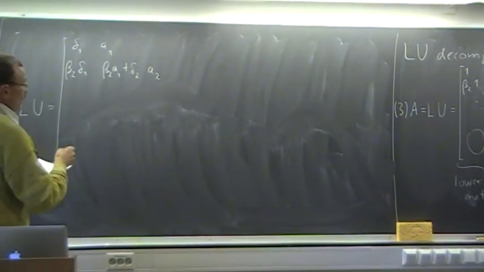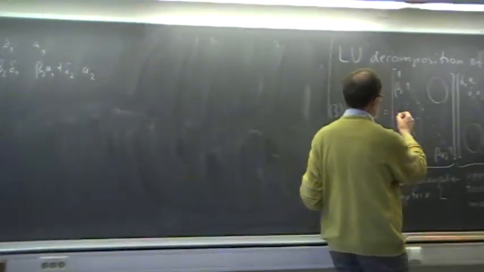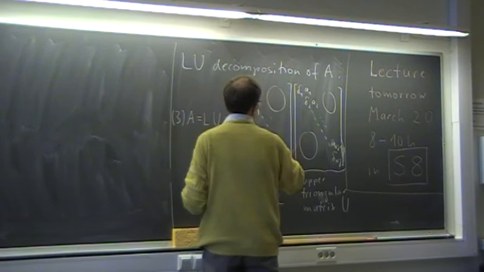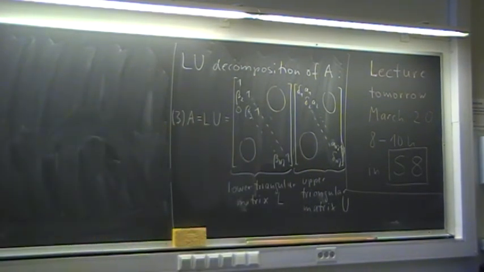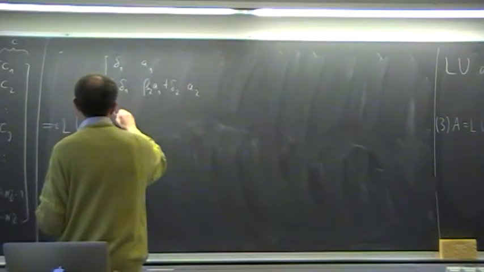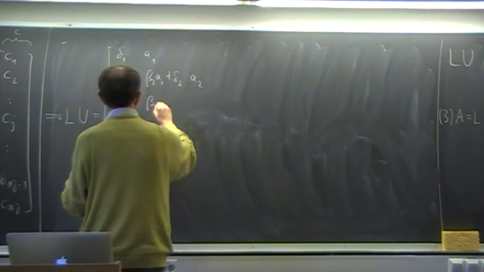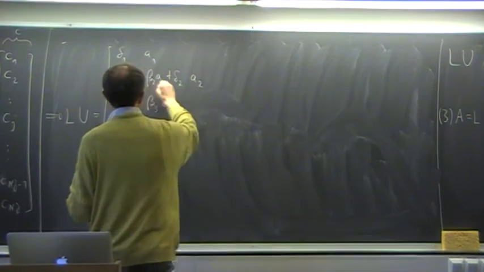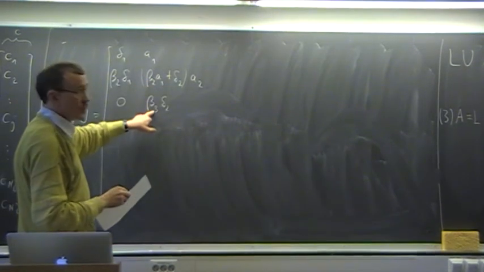And the next one will be then, we have here then the 0, the beta 3, the 1, and then we do this multiplication, and we will see we'll get a 0 first, then we'll get a beta 3 times delta 2, so that is, this is in the diagonal. So this is 3, 2.